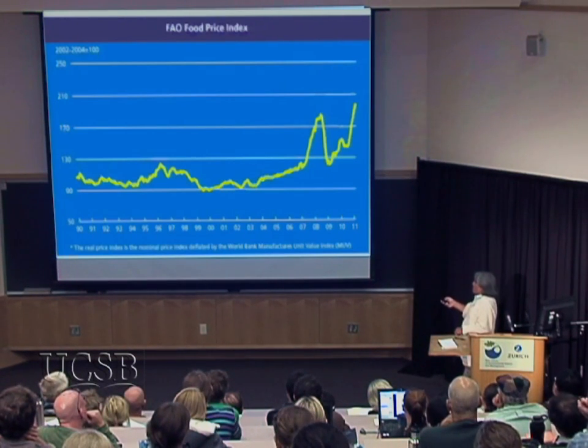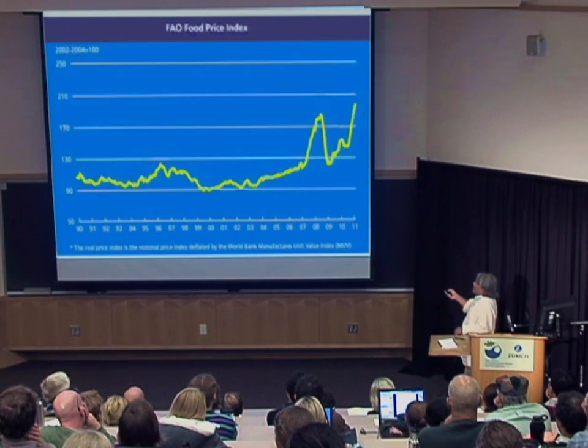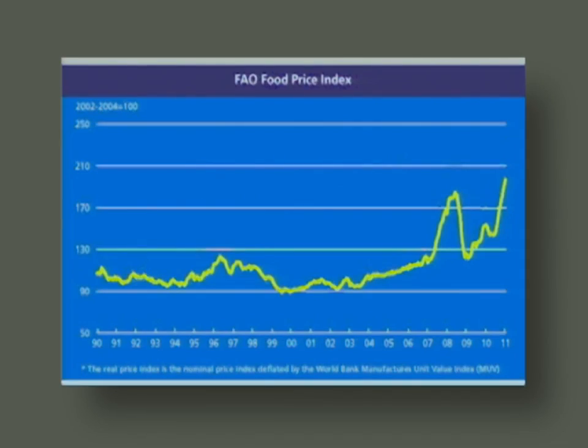And so we're seeing this really dramatic impact on food prices, and then an adjustment, and then again an increase in this last decade. And the volatility of this is really alarming because it affects not only what happens on the farm, but also what happens in the grocery store, for consumers, and in poor populations of different communities.